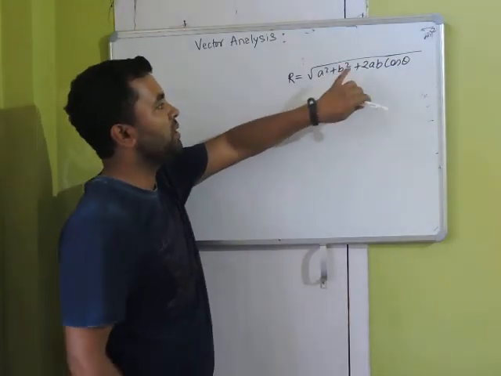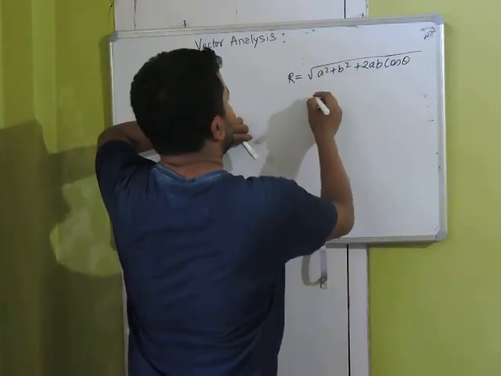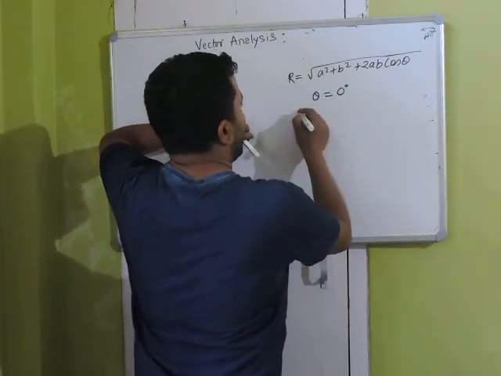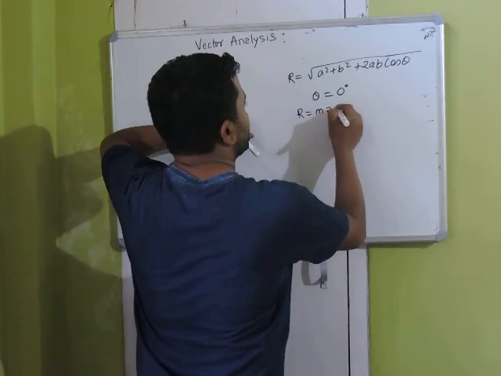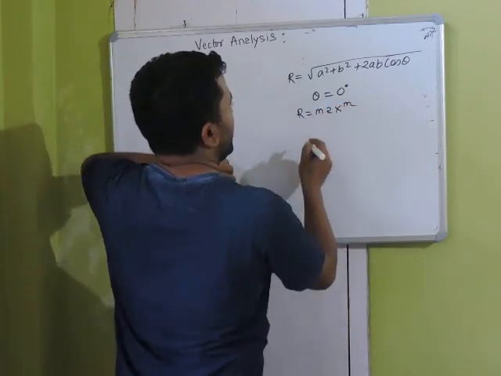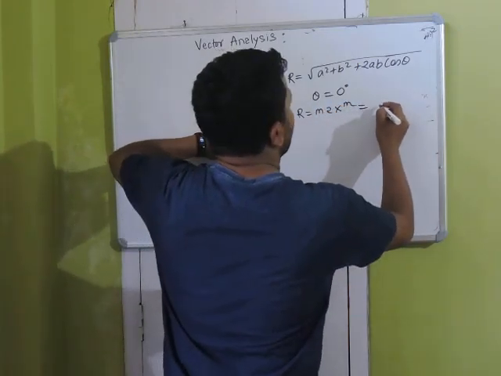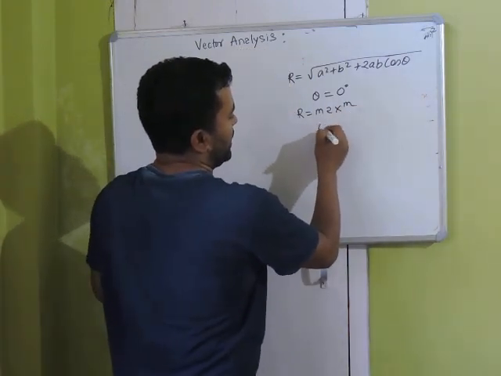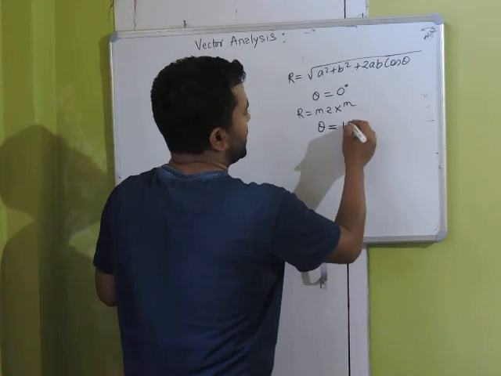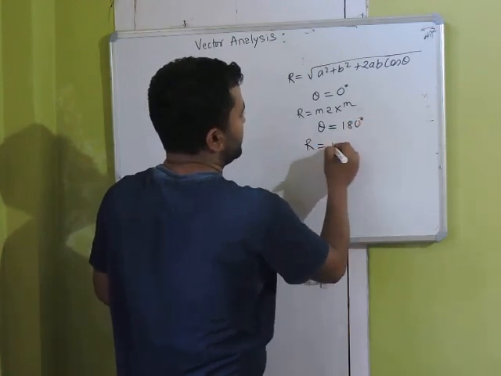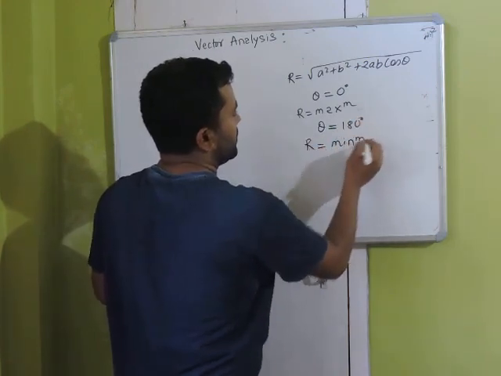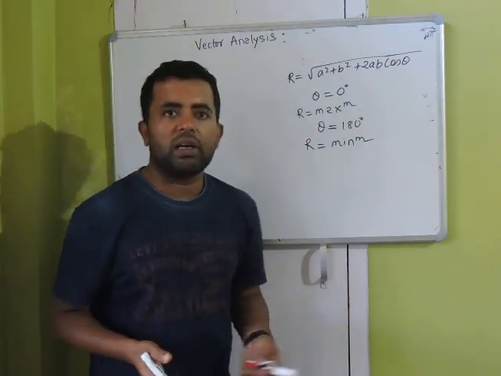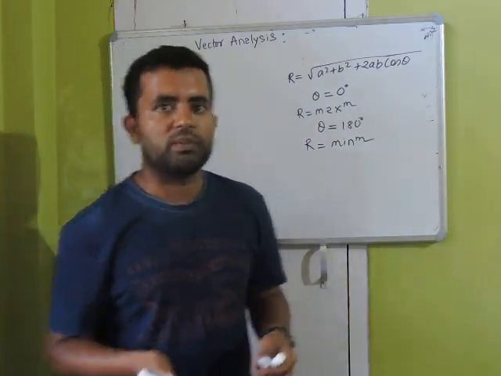It will be maximum only when theta is 0, and then R is maximum, and that will be equal to, you can find it out, or we'll do it in the next class. For theta equal to 180 degrees, R will be minimum. Now in the next lecture I will talk about how to solve problems in vector analysis.